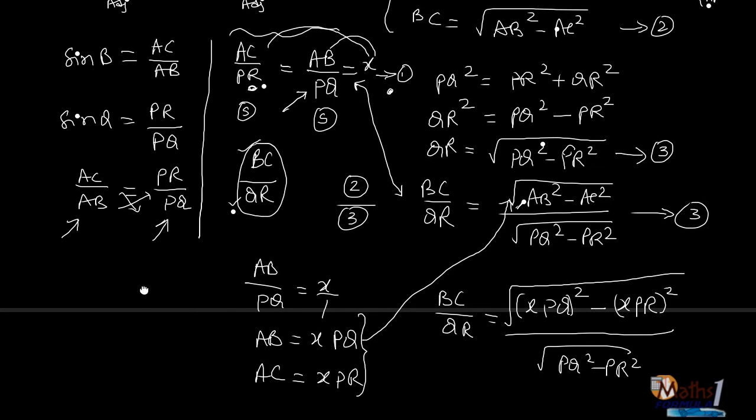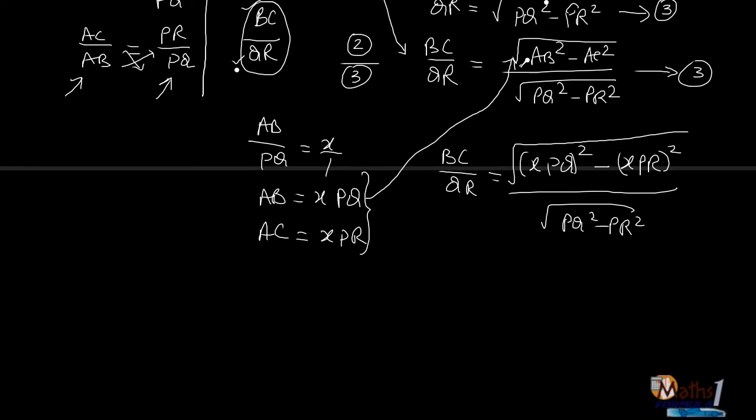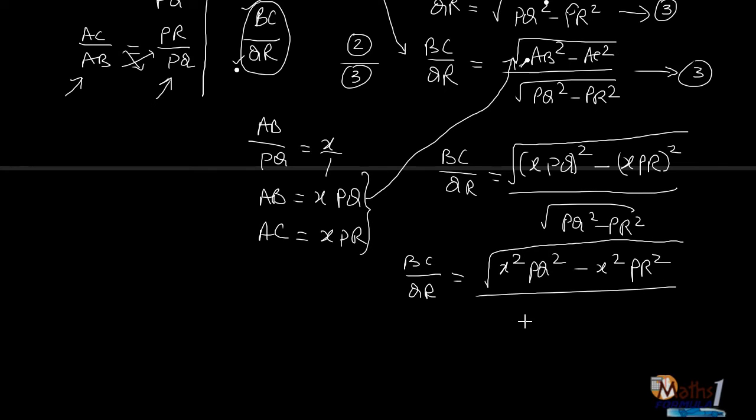Let's just move this down a little further, scroll it up. So now here BC by QR equals, I have to square both of them. X square is X square, PQ square is PQ square, minus X square is X square, PR square is PR square. Square root is there, then I'll still have PQ square minus PR square, square root. If I take common X square, I will write it this way, so you will know.